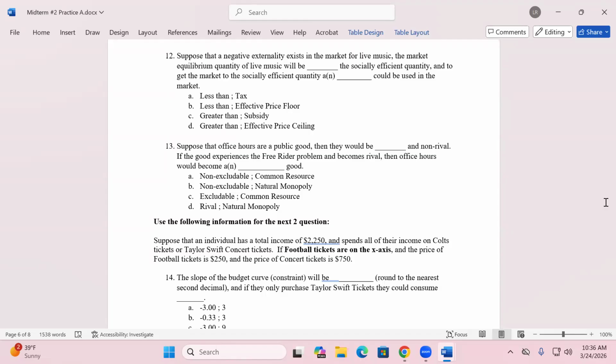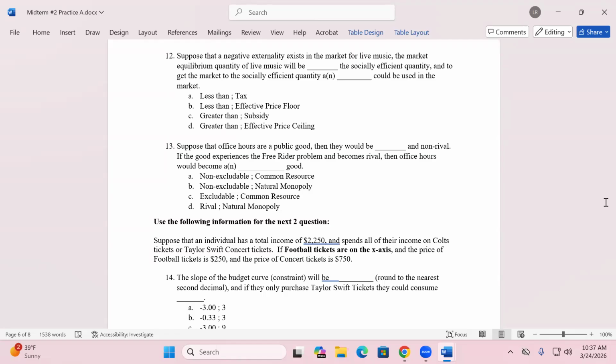You don't have to pay to use it, but now you using it prevents other people from using it. So it's now rival, in which case we would have kind of what? These common resource games. Now I'd probably focus a little bit more on using a public good or a common resource example, where we said common resources typically have what?